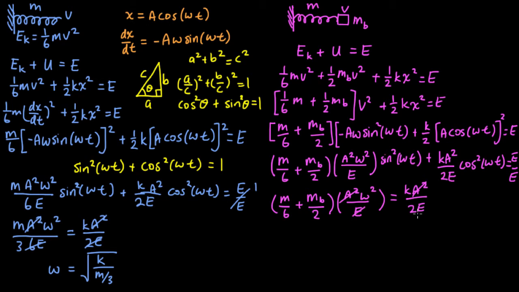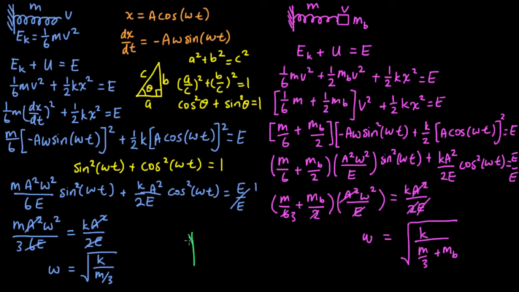The E cancels the E. And when we multiply both sides by 2, this equals 1, this equals 1, and this equals 3. So we have the angular frequency equals the square root of k divided by the mass of the spring divided by 3 plus the mass of the block.